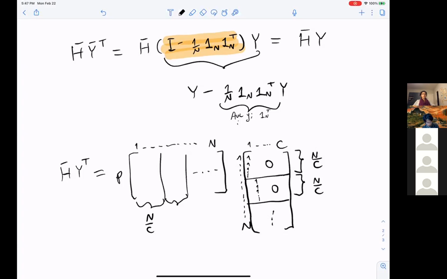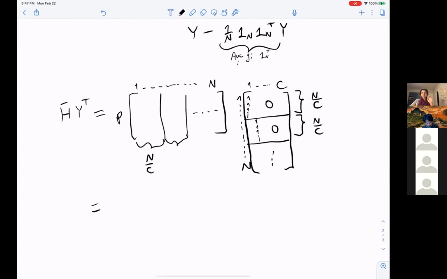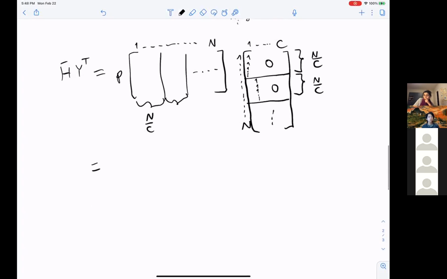Now, at this point, let me ask you, what is this multiplication equal to? Can you use simple words to explain what this thing is equal to? Summing within each class. That is correct. Yes, within class means. By the way, to make it a mean, we need to write 1 over n over c.